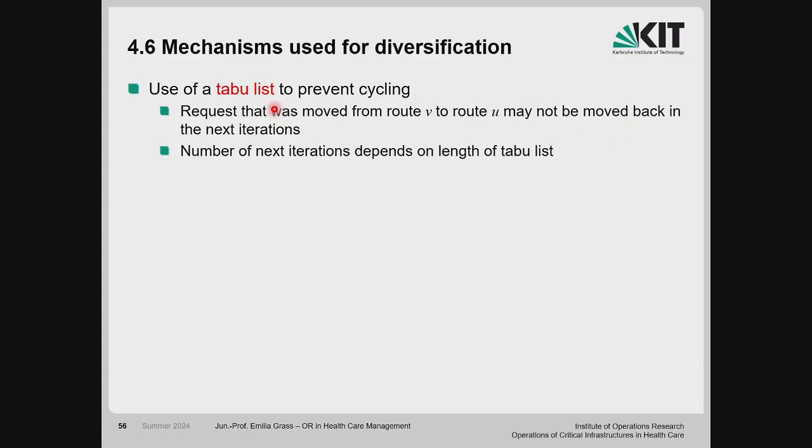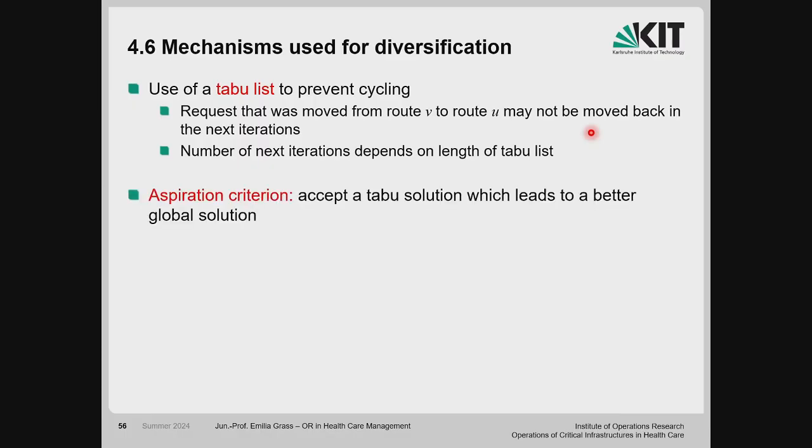And the number of next iterations depends on the length of the taboo list. This is an algorithmic characteristic, so this has nothing to do with the patient itself. And actually, a lot of companies are using taboo search because it's pretty efficient, and time can be really saved when using it.